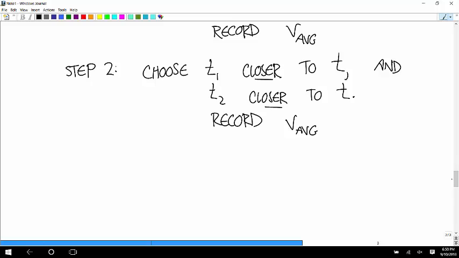But the idea is, once you go through all these steps and continue doing this, this list of average velocities that you'd get would get closer and closer to that instantaneous velocity.